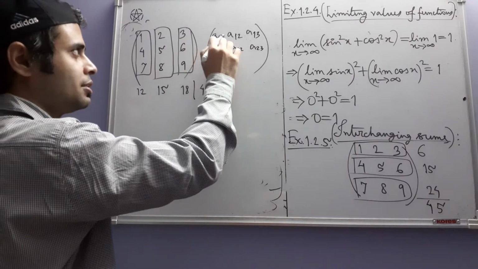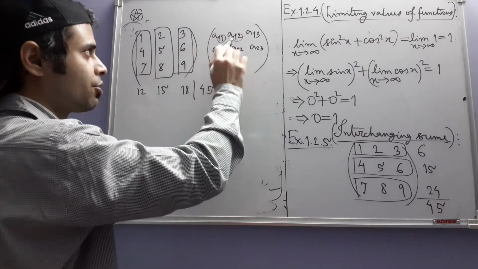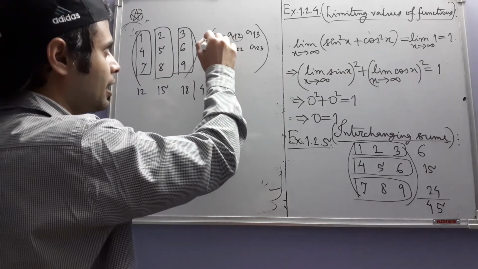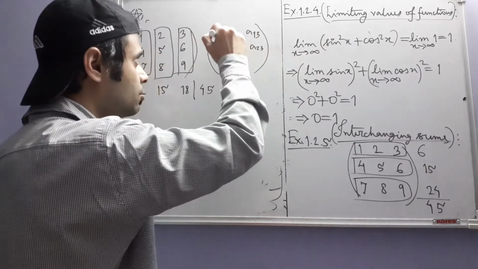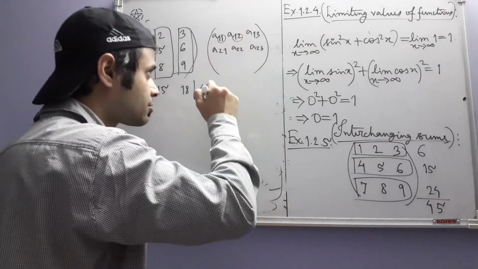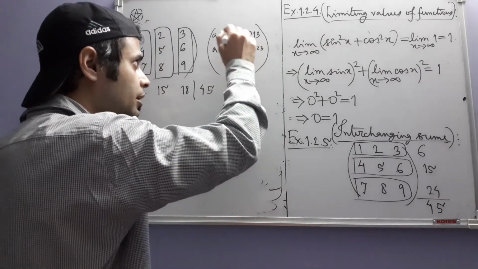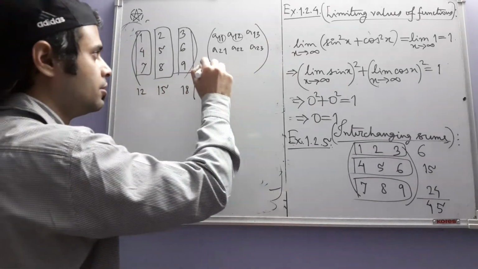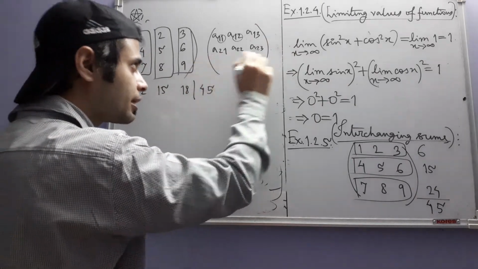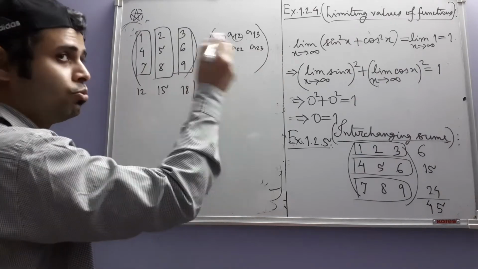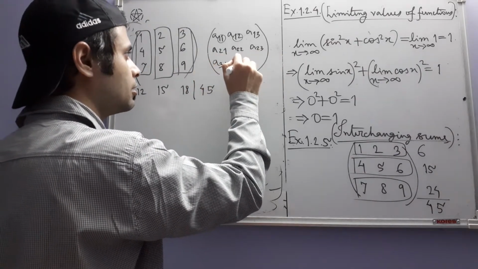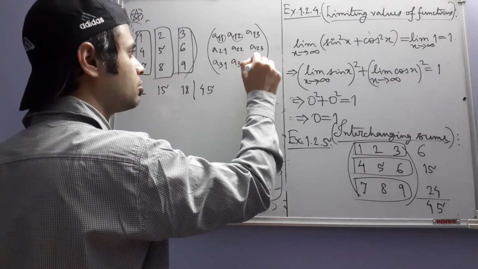And these suffixes 1, 1, 1, 2, these are not 11, 12, 13, okay? 1, 1 means it appears in the first row and in the first column. 1, 2 means this entry appears in the first row and second column, and so on. So this one appears in the second row and first column. That's why 2, 1. Like that, A31, A33, A34.